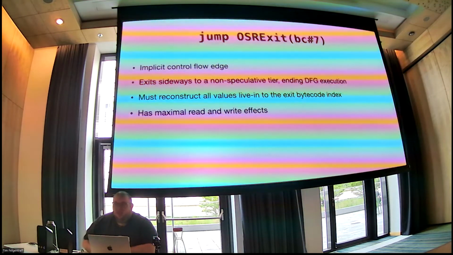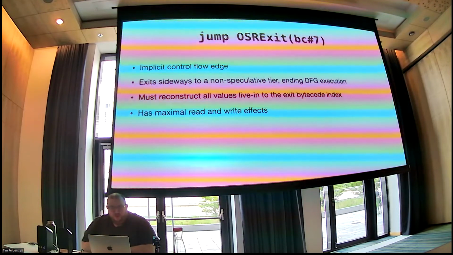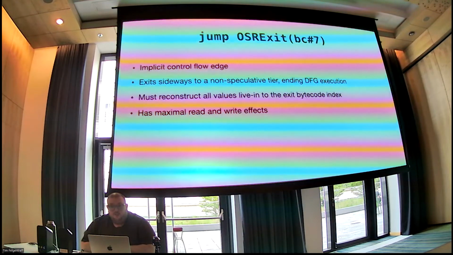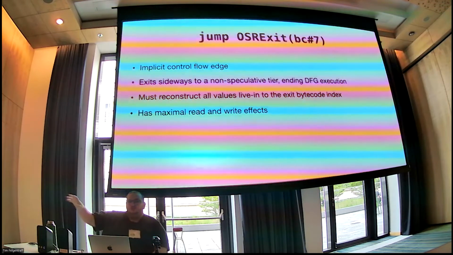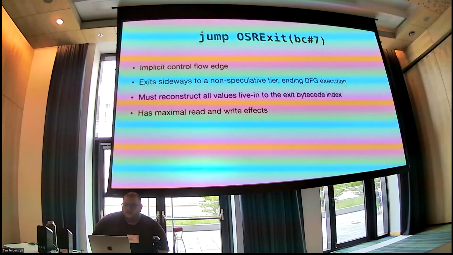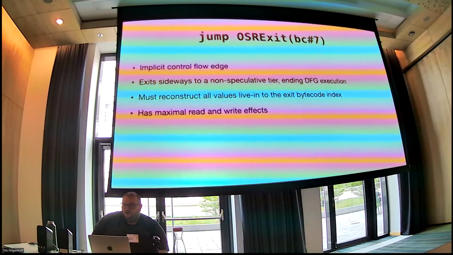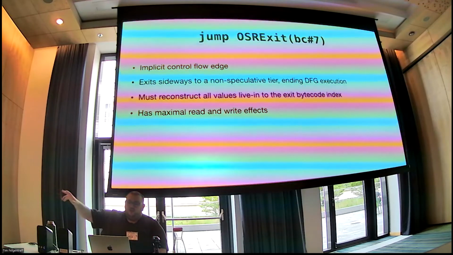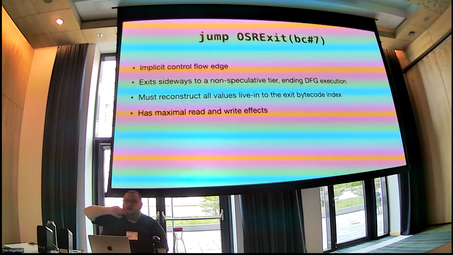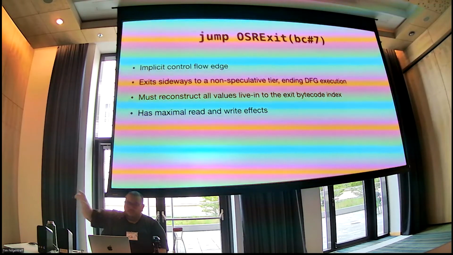So what exactly is this concept of OSR exiting? For us, it's an implicit control flow where everywhere we exit, we have this implicit control flow to our bytecode tier. This is what we call a sideways exit. It's a one-way edge: you can't re-enter your optimizing tier when you take one of these speculative exits.